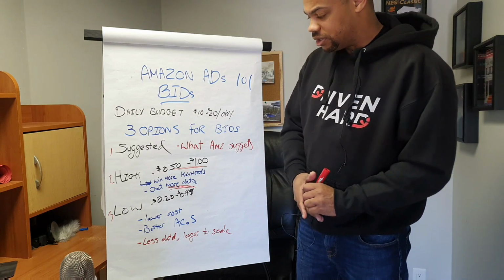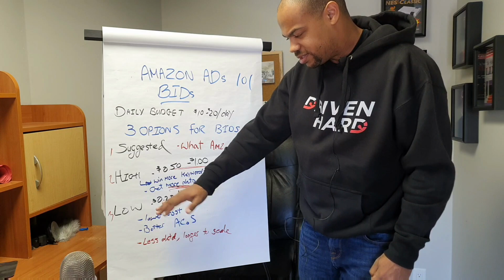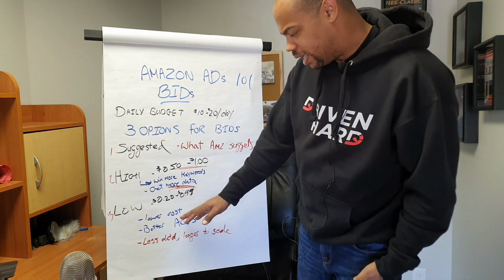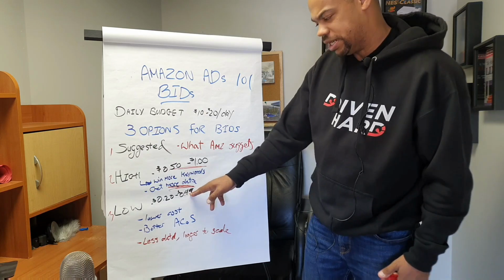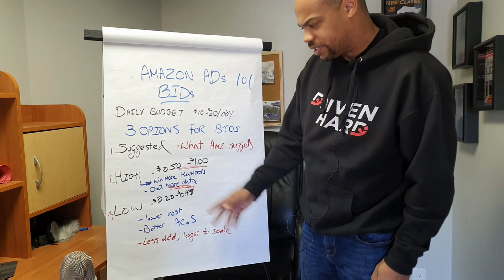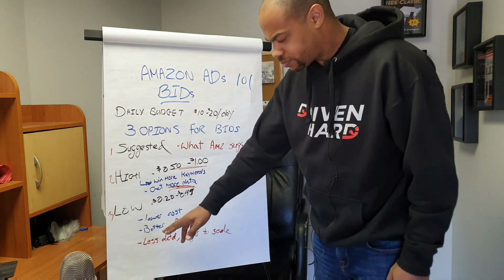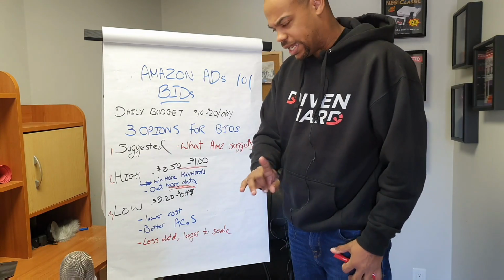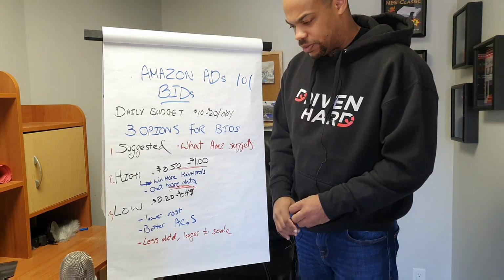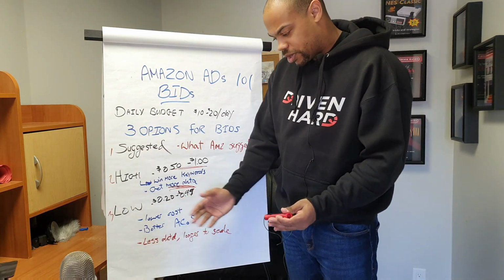Or there's going with lower bids, anywhere from like 20 cents. You can start at 10 cents if you want, but you're probably not going to win anything. Up to 49 cents, so 20 cents to 49 cents, basically below 50 cents. That would have been a simpler way of putting it. Now the advantage with that is obviously it's a lower cost, so if you're just concerned about budget right now, it's a lower cost.